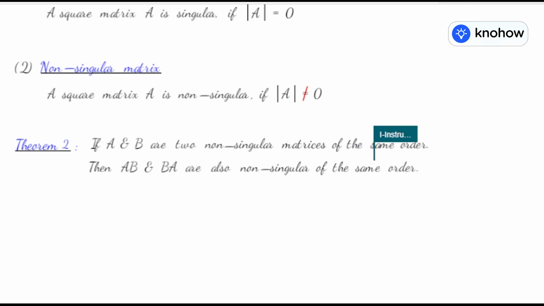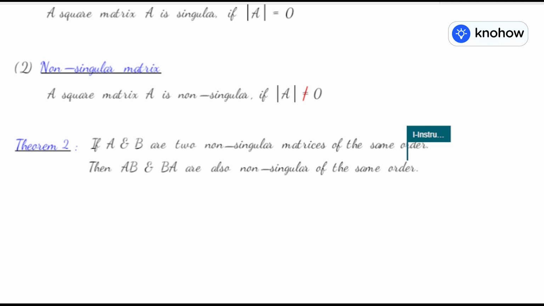That means if A and B are of second order, then so will be BA and AB. And if A and B are of third order, then BA and AB will also be of third order.